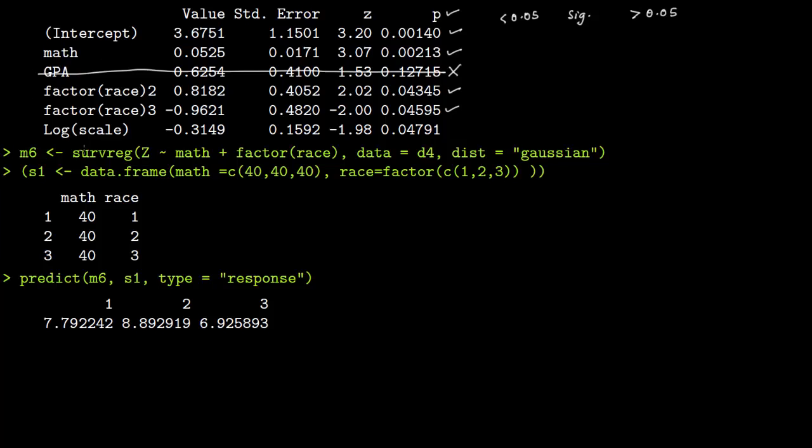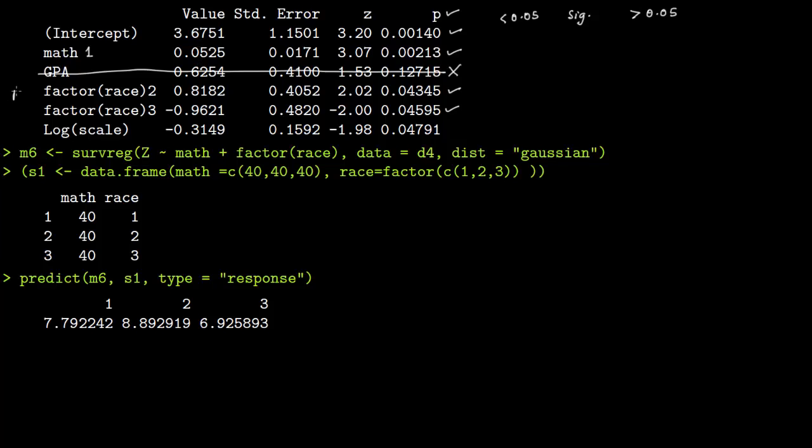So now let us interpret this model. The math coefficient is 0.05. So if math score goes up by 1, then your salary will go up by 0.05 in terms of thousands of dollars. You have to multiply 0.05 by 1000 because we input the salary in thousands of dollars.